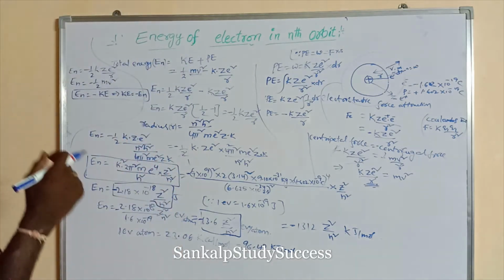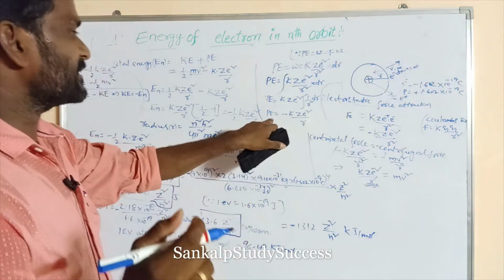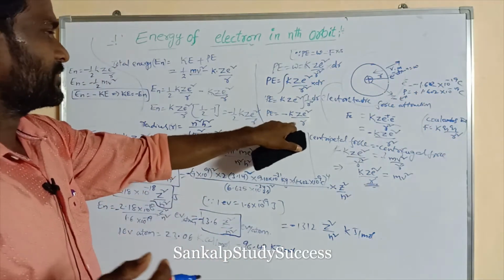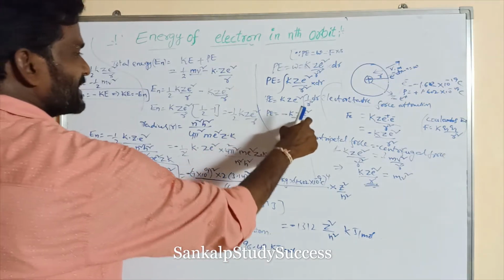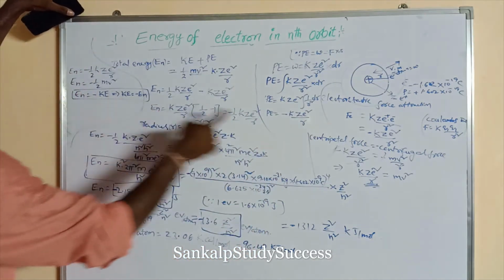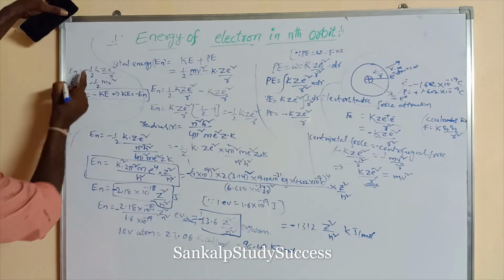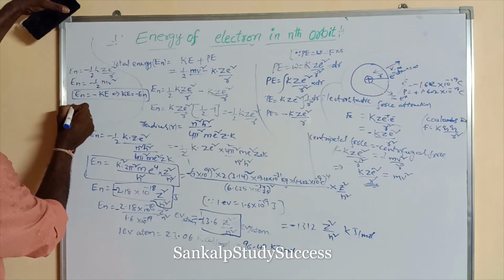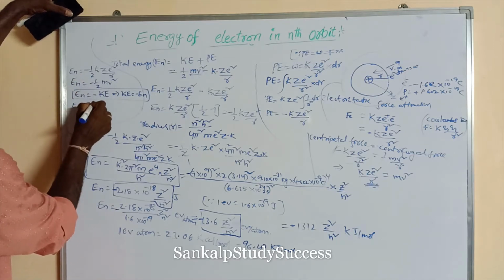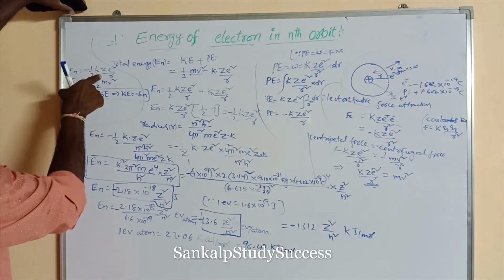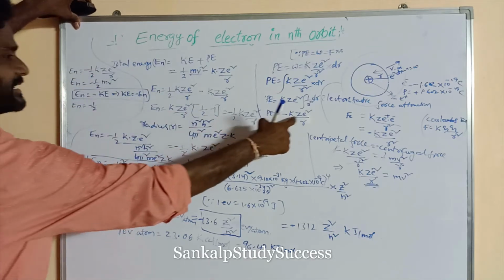Now, what is the relation with potential energy? We know that potential energy PE is equal to minus kZe square by r. So this can be written as En is equal to minus 1 by 2 into kZe square by r.